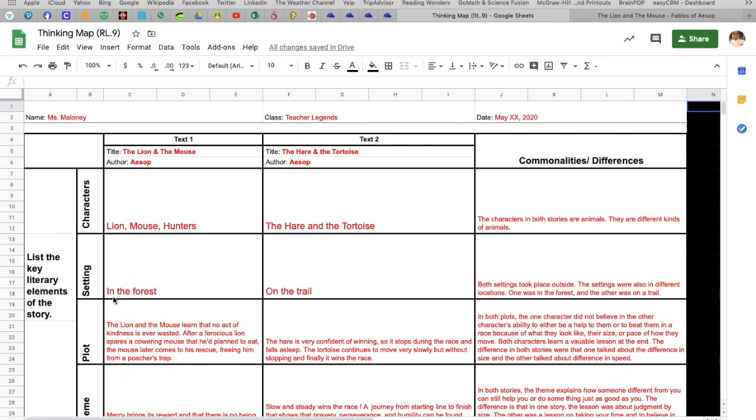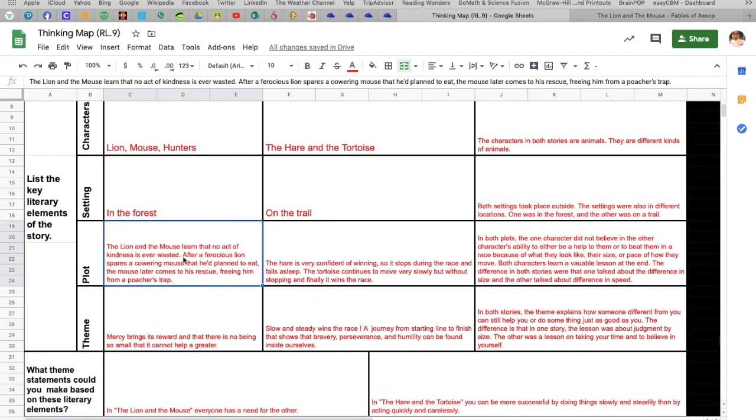For the setting, the lion and the mouse took place in a forest, but the hare and the tortoise took place on a trail. So both settings took place outside, but the difference is their location. For the plot, the lion and the mouse learns that no act of kindness is ever wasted.